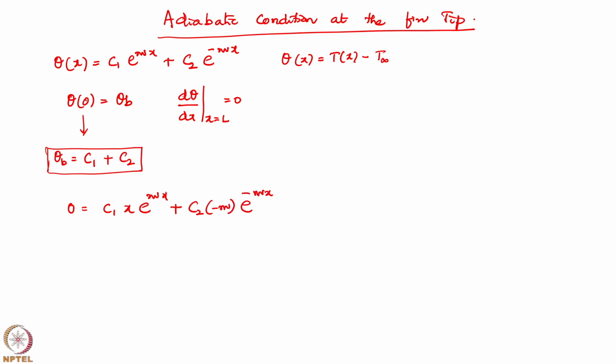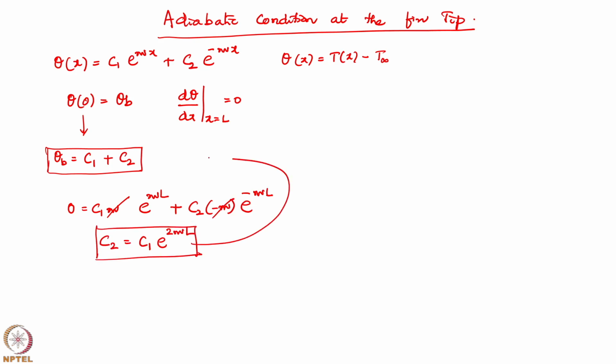Here instead of x, I am doing it at the condition L. So, I differentiated and substituted x as L. Here I missed out one term, that is m. So, m C1 e to the power of mL minus m C2 e to the power of minus mL. The m gets cancelled out, so I can write C2 equal to C1 into e to the power of 2mL.